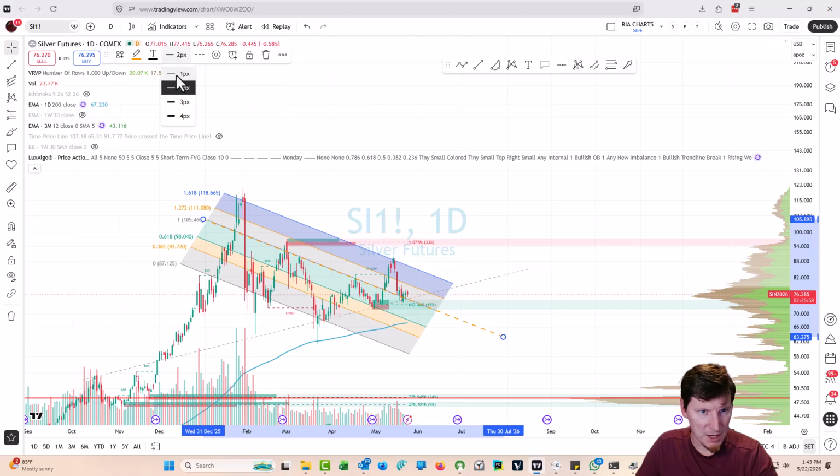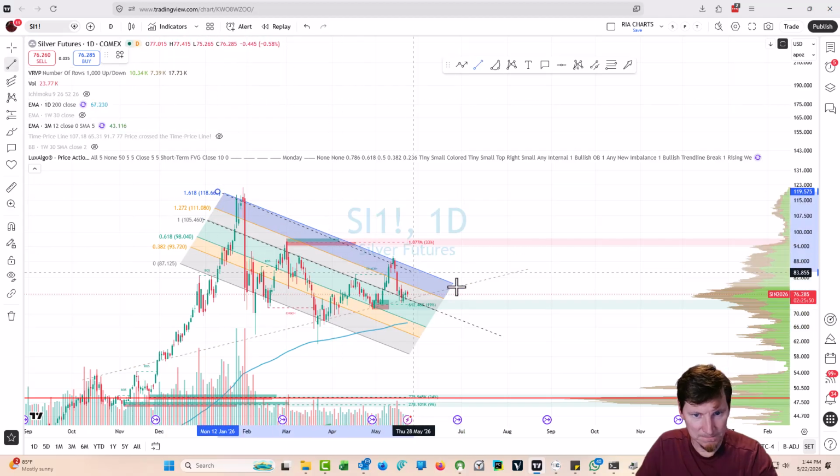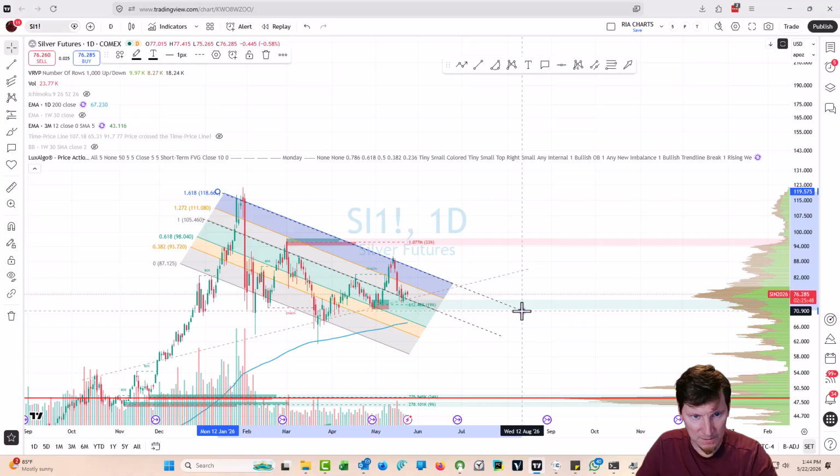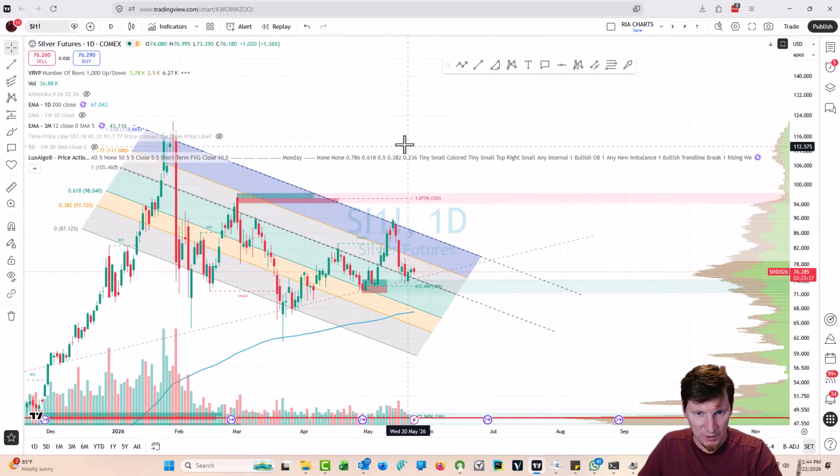And I'll make just a black line here. And then we needed probably 2 daily closes above this line, but you have the fractal inside of the bigger fractal situation here. So something to think about when you're positioning.